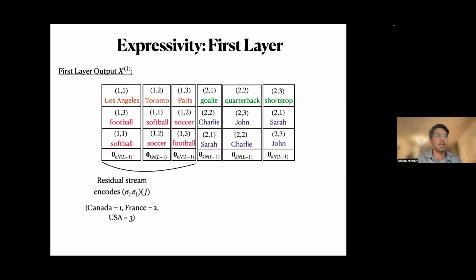Recall that we picked some ordering of the countries: Canada corresponds to 1, France to 2, US to 3. The quantity in the residual stream here corresponds to the sport played in that country. So softball is played in Canada, soccer in France, and football in the USA. So indeed we have computed σ_1(π_1(j)) for all the different j.